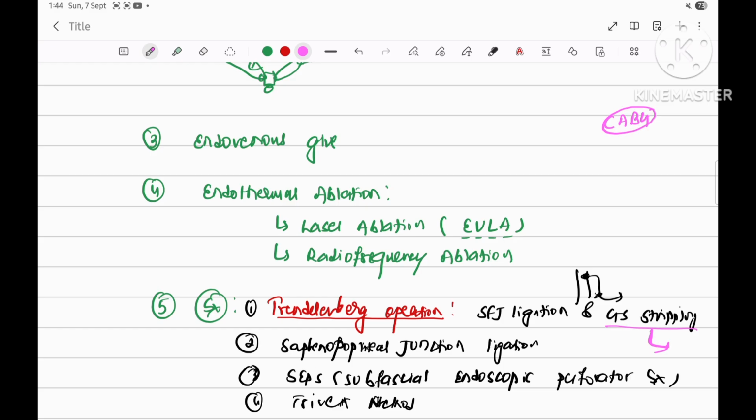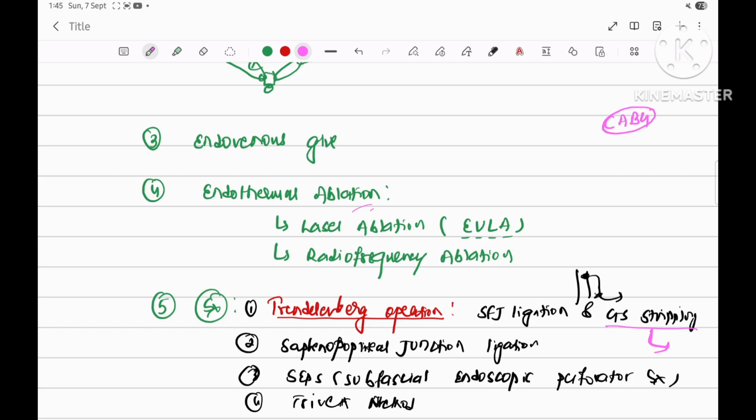So in order to prevent damage to the sural nerve in the future, we do endothermal ablation, that is EVLA and radiofrequency ablation, in order to preserve the sural nerve, so that if the patient develops any condition for which CABG has to be done, we have the sural nerve which can be used as a coronary artery bypass graft.